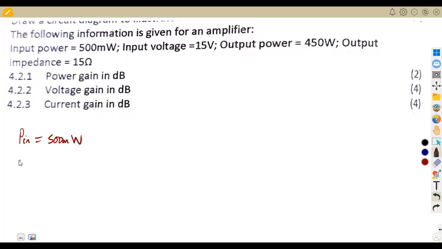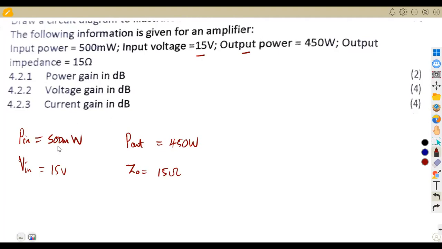Then the input voltage, which is Vin, or you can write it as Vi, at 15 volts. And we've got the output power, the power corresponding at the output, which is 450 watts. And also the output impedance, not the voltage, which is 15 ohms. Then we're asked to calculate the power gain in decibels.